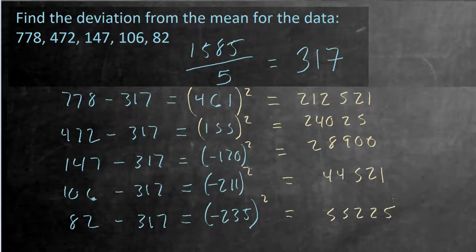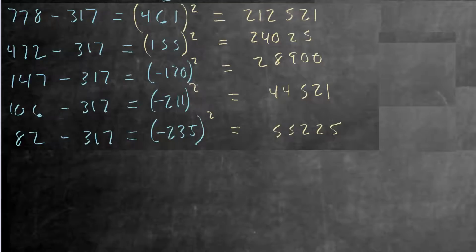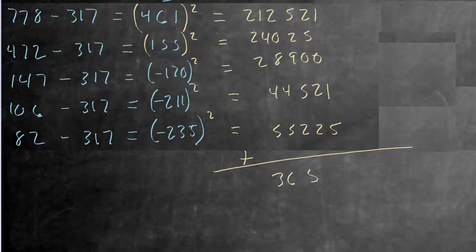Now the next thing we're going to do is add those up. I think that gets us 365,192. And then we're going to divide by how many there were minus 1.